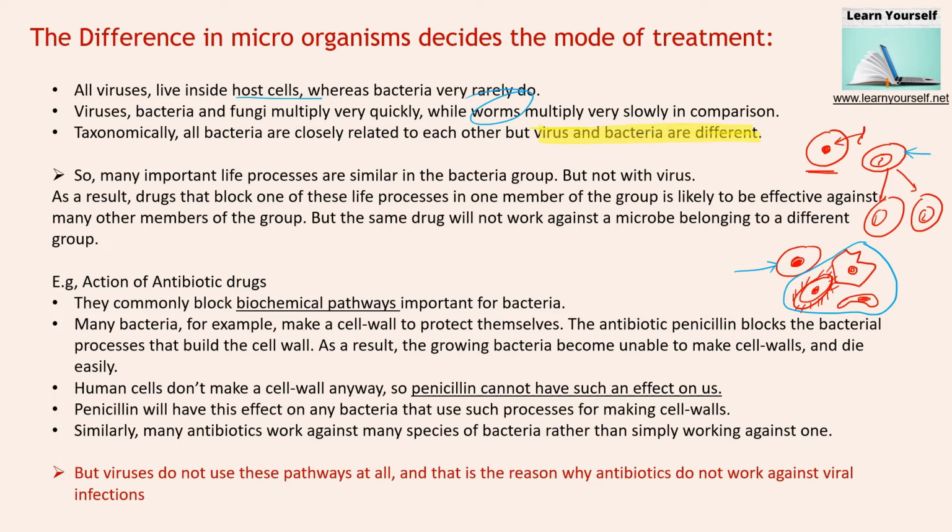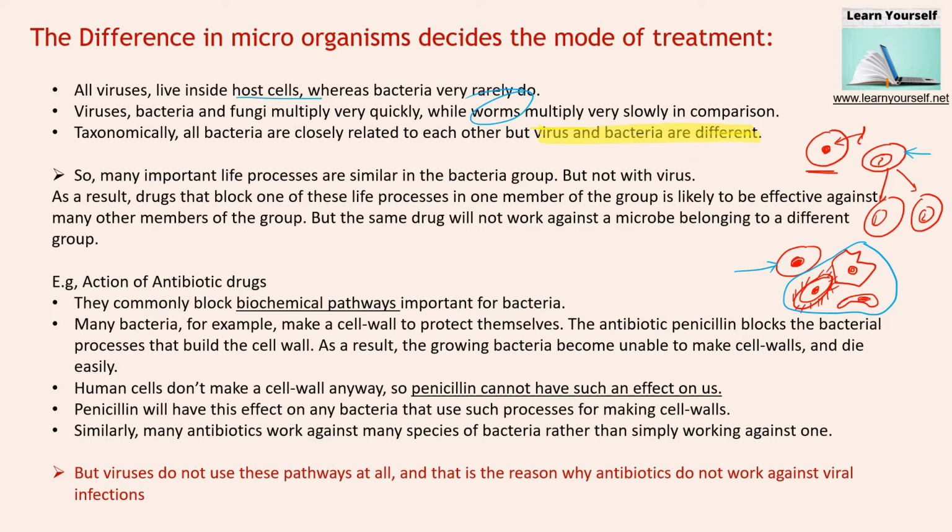They will multiply in certain pathways or some metabolic processes are similar among them. So when we are attacking them on those metabolic processes, their multiplication will be stopped or we can harm them as we know the path that they are using. But the same drug will not work against a microbe belonging to a different group.